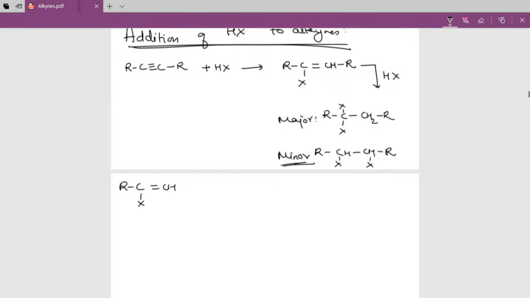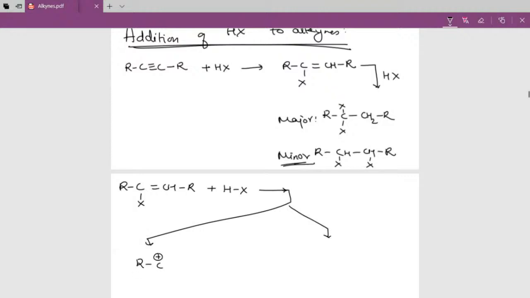See, once a vinyl halide is formed and I want to add another mole of HX, and this HX is normally HCl, HBr and HI, as HF is very difficult to ionize and give this type of reaction. So it is HCl, HBr and HI. Okay. So this HX now when added can form two carbocations. Let us have them here in a little more elaborate form.